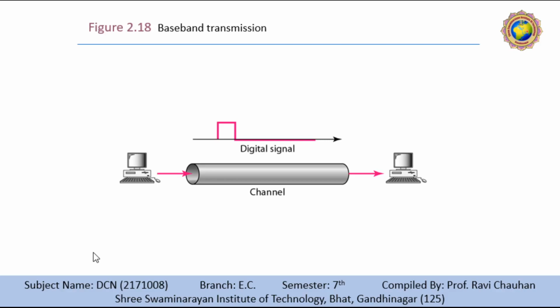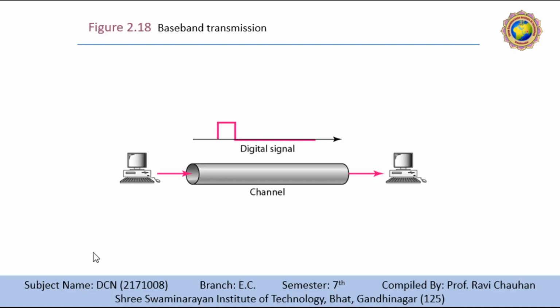We can transmit the digital signal by using one of two different approaches: baseband transmission or broadband transmission using modulation. It means when a broadband transmission is there, there is a modulation. In the first, the baseband transmission, the figure shows the baseband transmission.